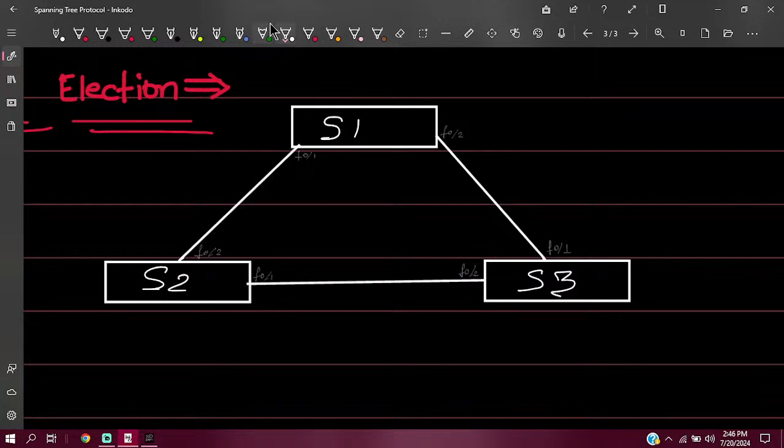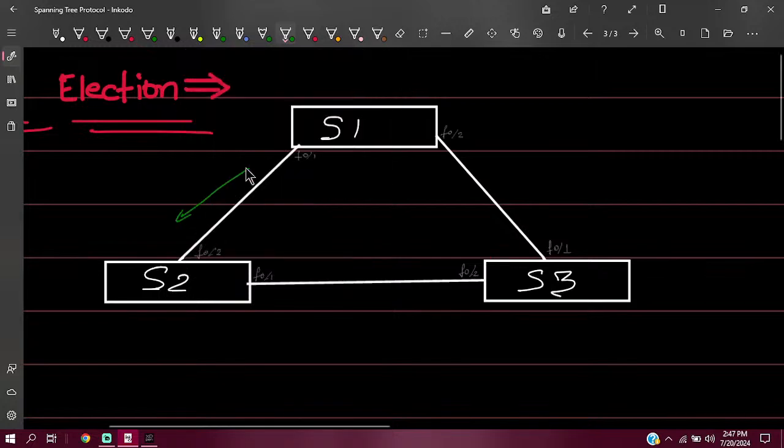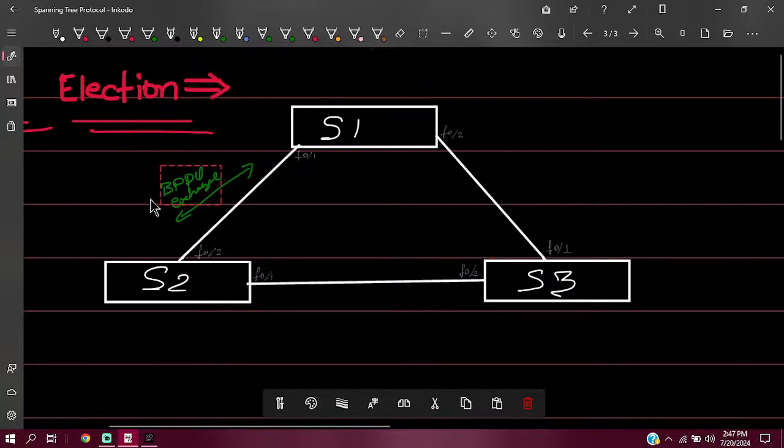Similarly, once the entire switch topology is active and they are connected to other devices in the switch network, the Ethernet connectivity of the switches will start exchanging the BPDUs. This BPDU exchange will take place in the entire switch topology.